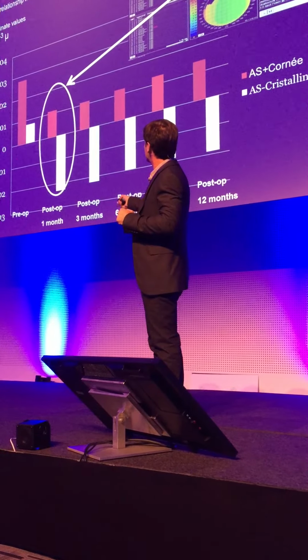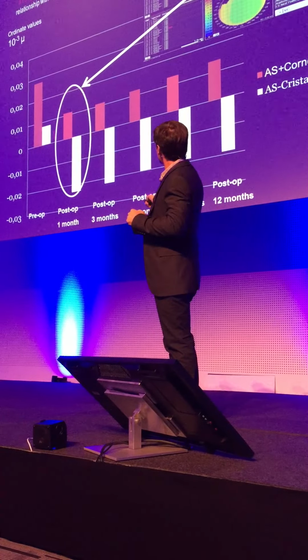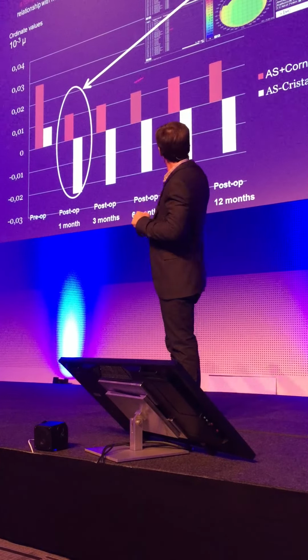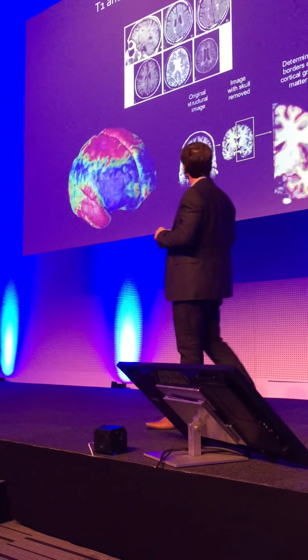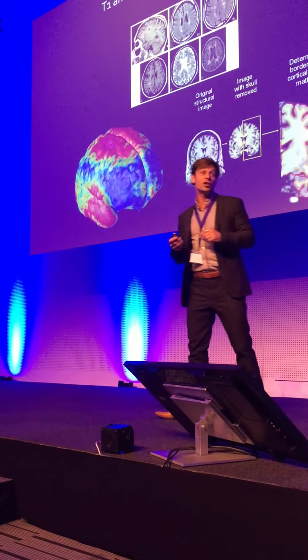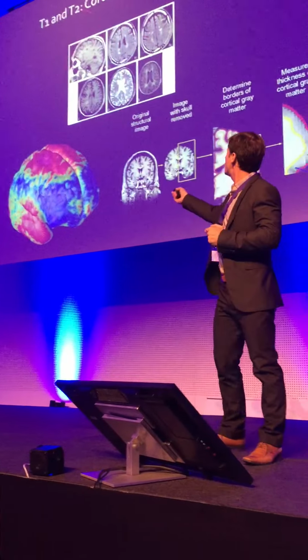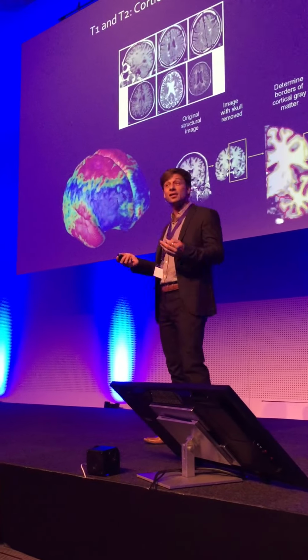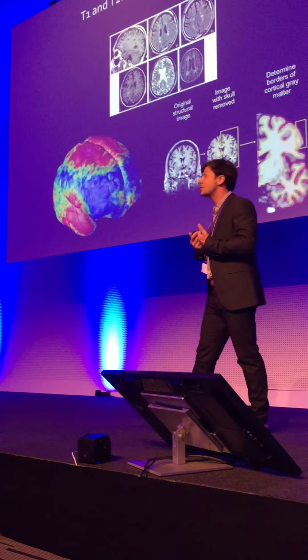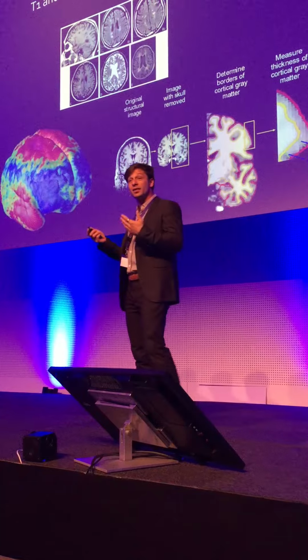We'll be scanning our participants before the operation, and then again immediately after the operation, and then again a year later to see what kind of changes accompany the betterment of visual function. We'll be using T1 and T2 brain scans, which basically are anatomical brain scans. It's images of the brain that enable us to measure volumetry and thickness.